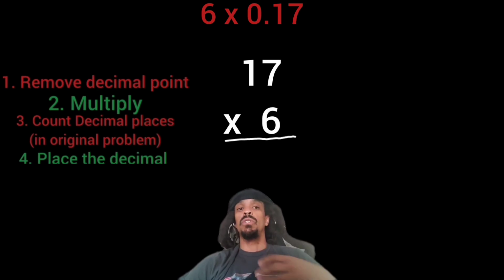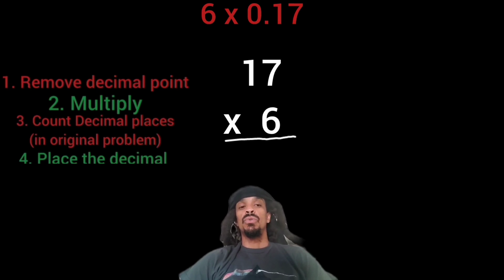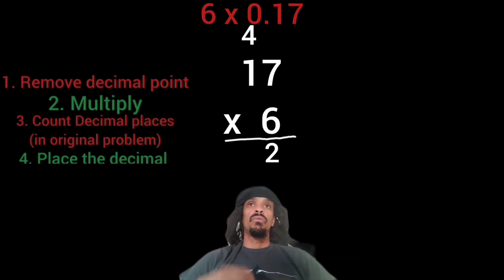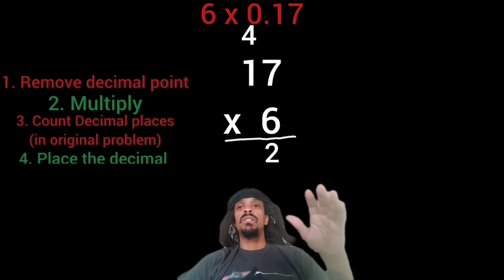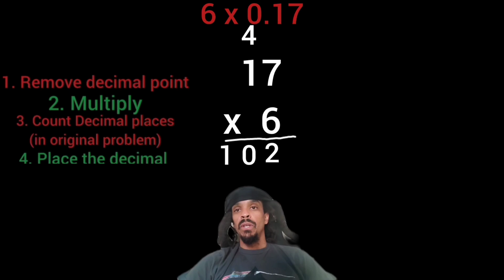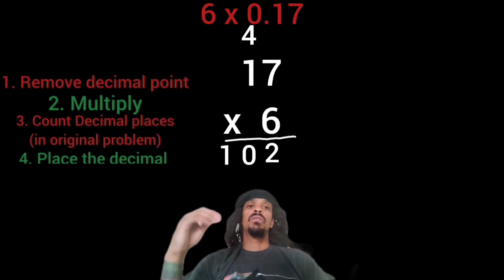Now we multiply as usual. 6 times 7 is 42, so I'll drop my 2, raise my 4. 6 times 1 is 6, plus that 4 is 10. So we got 102. All right, we got our answer.